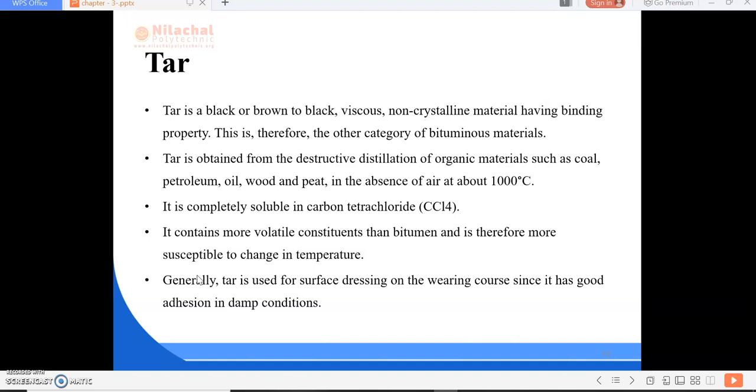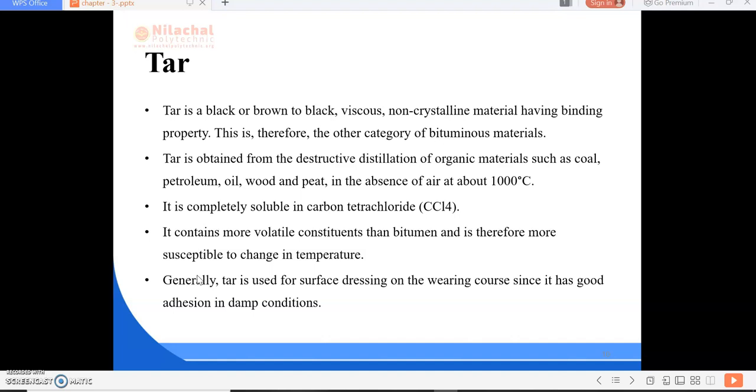Tar is obtained from the destructive distillation of organic materials such as coal, petroleum, oil, wood, and peat, in the absence of air at about 1000 degrees centigrade. It is completely soluble in carbon tetrachloride, CCl4.